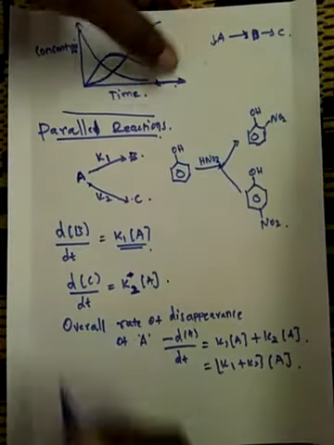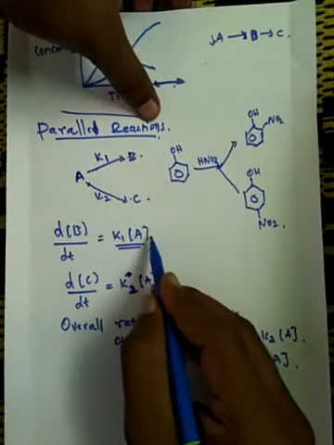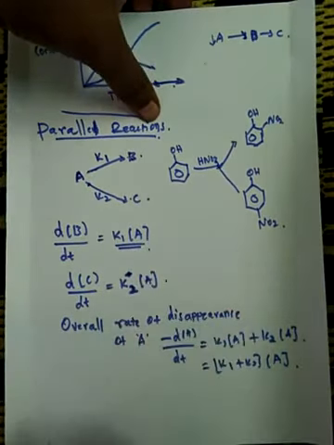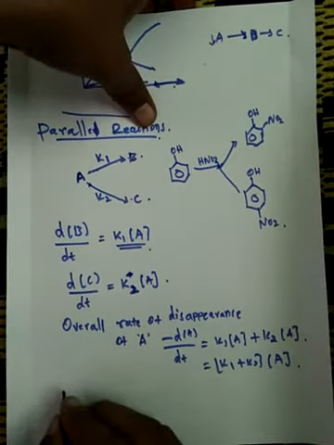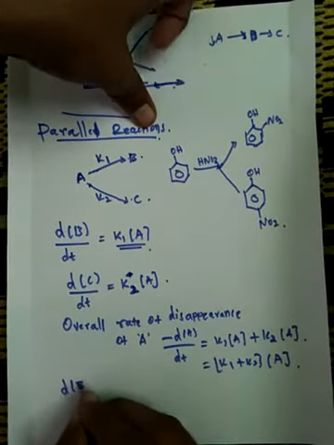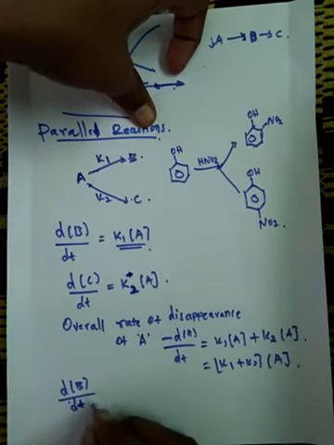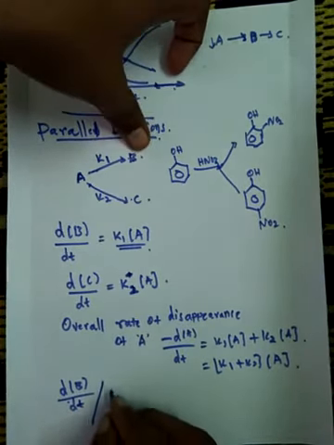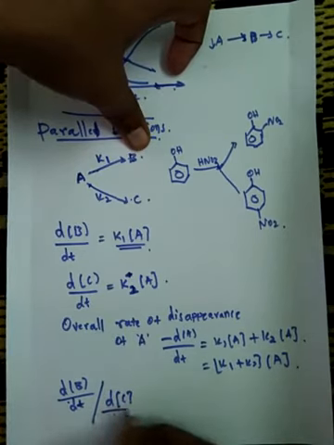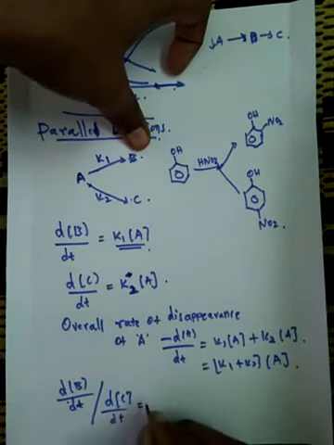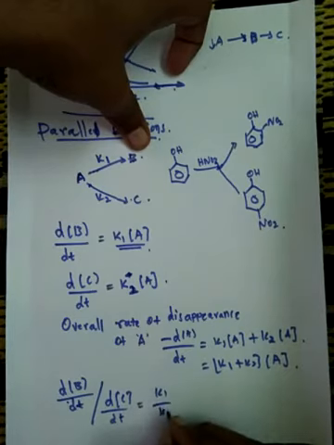If you take the ratio of these two equations, you will get K1 by K2.